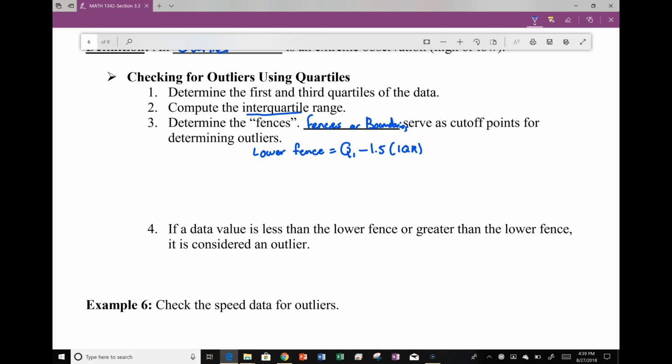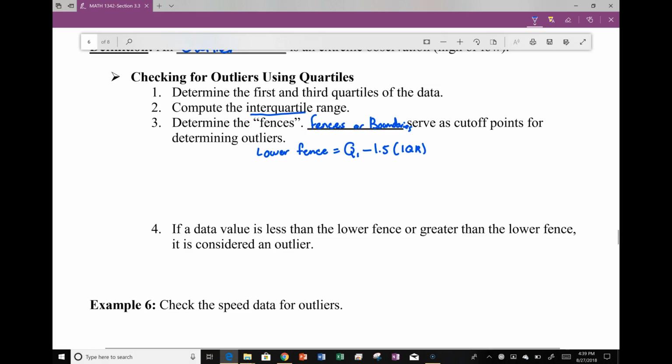Anything outside of those items is considered an outlier. So our lower fence took Q1 and went left with it. We subtracted. Our upper fence is going to take Q3 and we're going to add this value to it because we're going the other way.